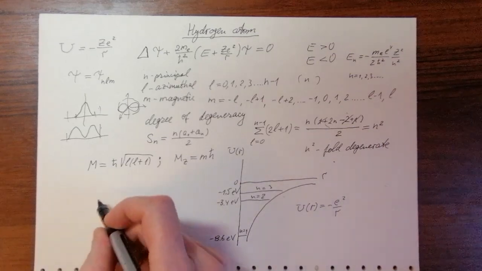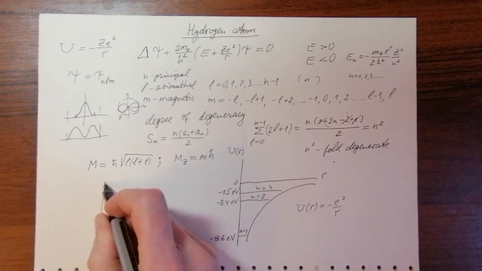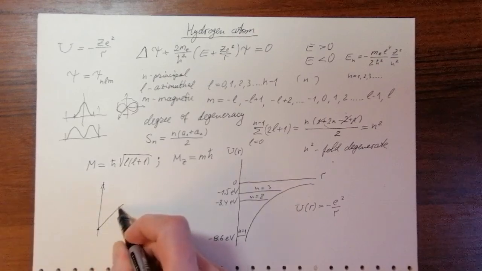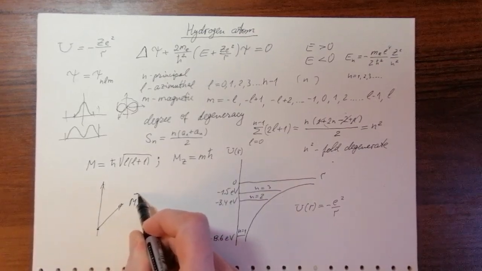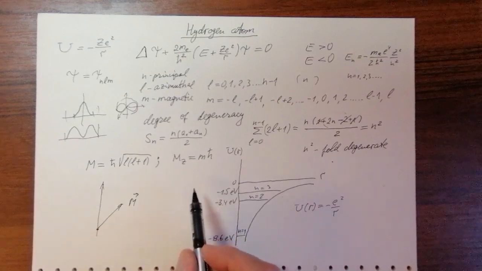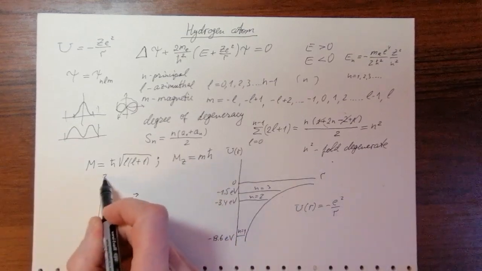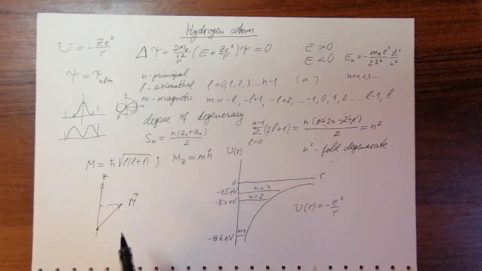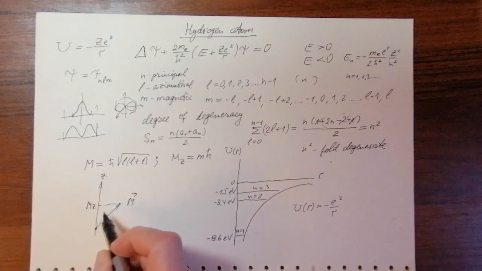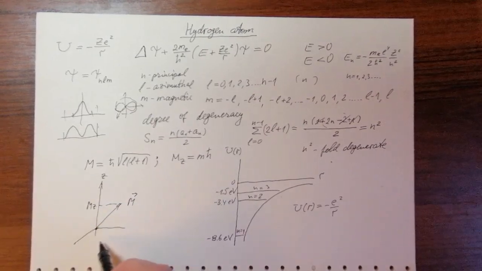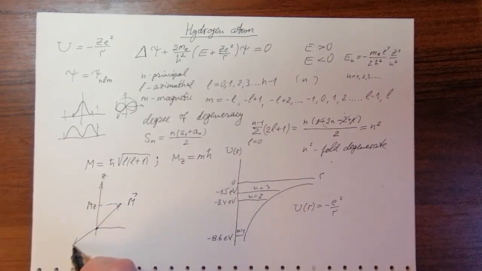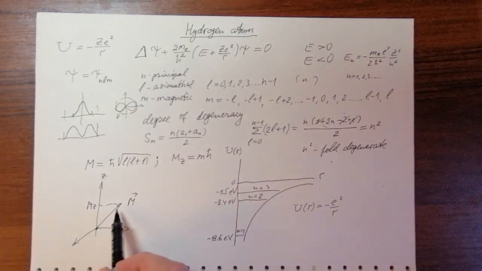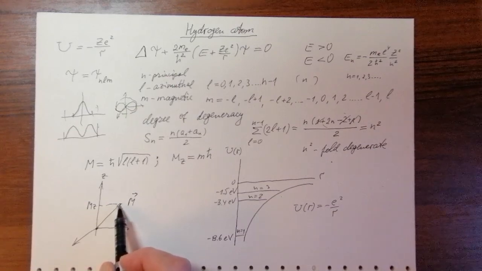This means that if we have some axis z, and imagine that this is the vector of momentum, in quantum mechanics you can measure this projection, M_z, but you cannot simultaneously have the projection on the other axes, and this means that you don't know where actually this M looks.